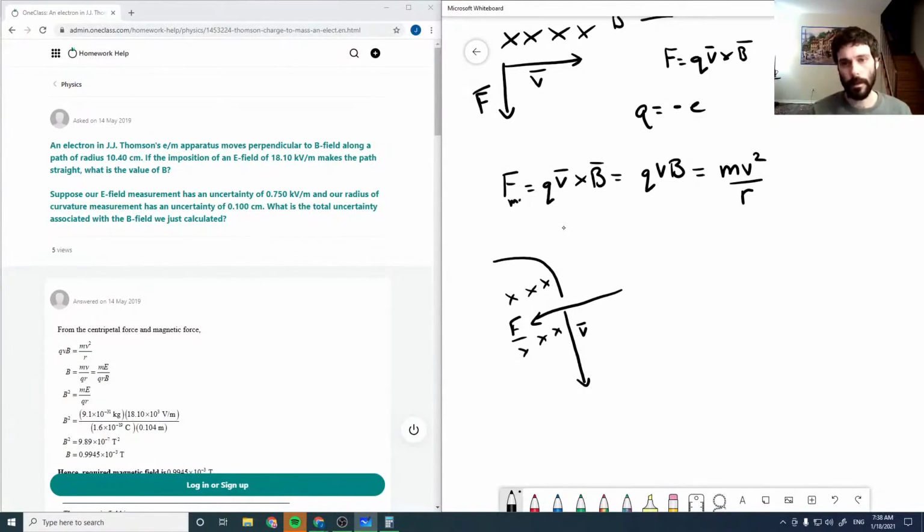So that's a magnetic force, while our electric force is just QE.